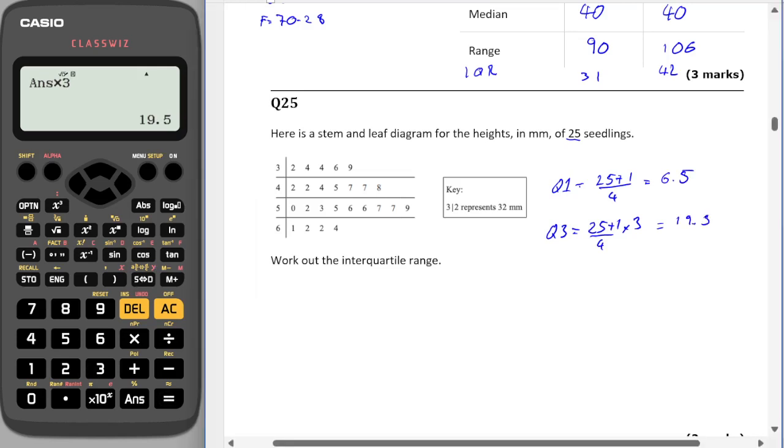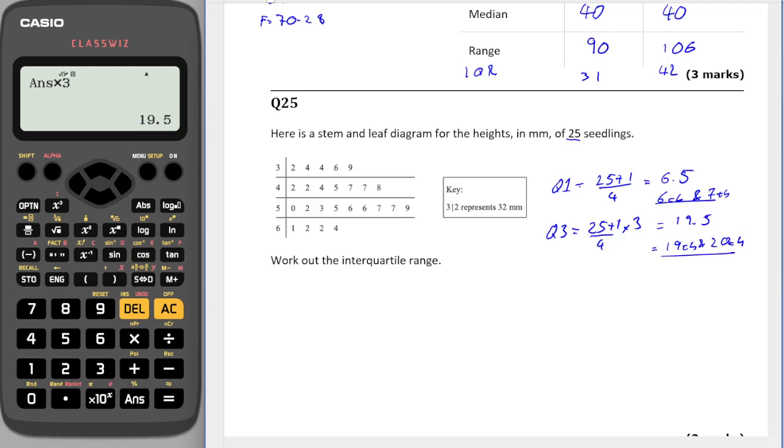So for Q1, I'm after the 6th and the 7th value, and then I'll take the average of those, and then for the Q3 I'm looking for the 19th and the 20th value, and I'll take the average of them.